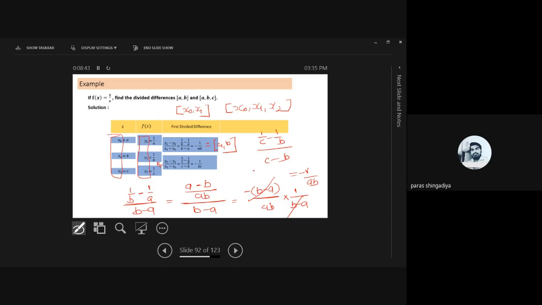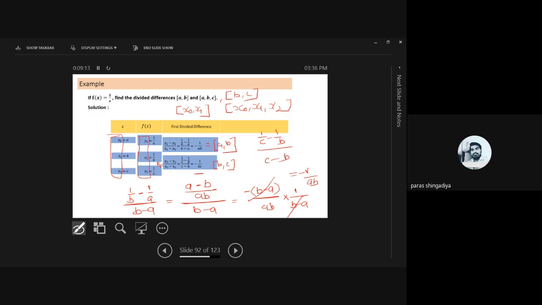I already derived it here, and you will get the answer minus 1 upon bc. That is the answer of b comma c. What is the meaning of this value? What is the meaning of b1? It is the difference of x1 to x2. x1 is b and x2 is c, so it is called b comma c. If another question requires it, find also bc. What is the answer of b comma c? That is equal to minus 1 upon bc. Right now it is not given in the question.